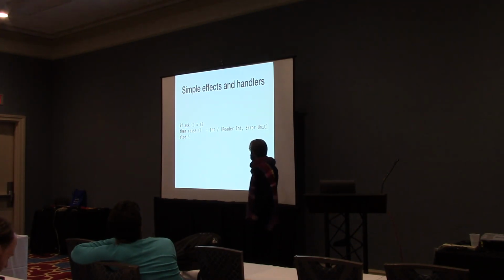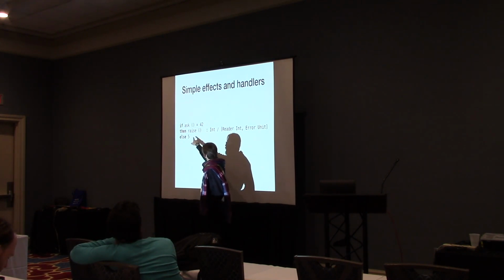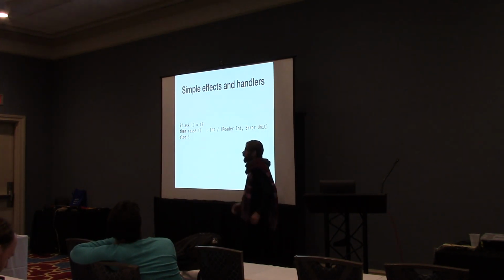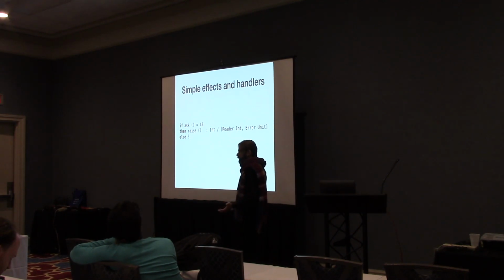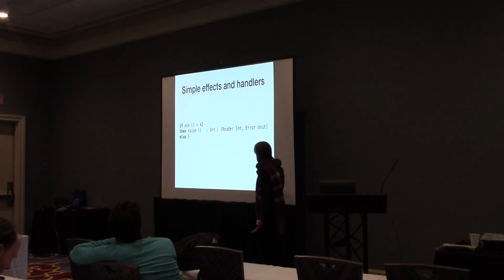Right, so here we have a small chunk of code. If ask is equal to 42, then raise, otherwise return pi. Right? So we have two effects, and in contrast to the monadic approach, it's very easy to mix various effects together. This is one of the big selling points in terms of programming of these algebraic effects.